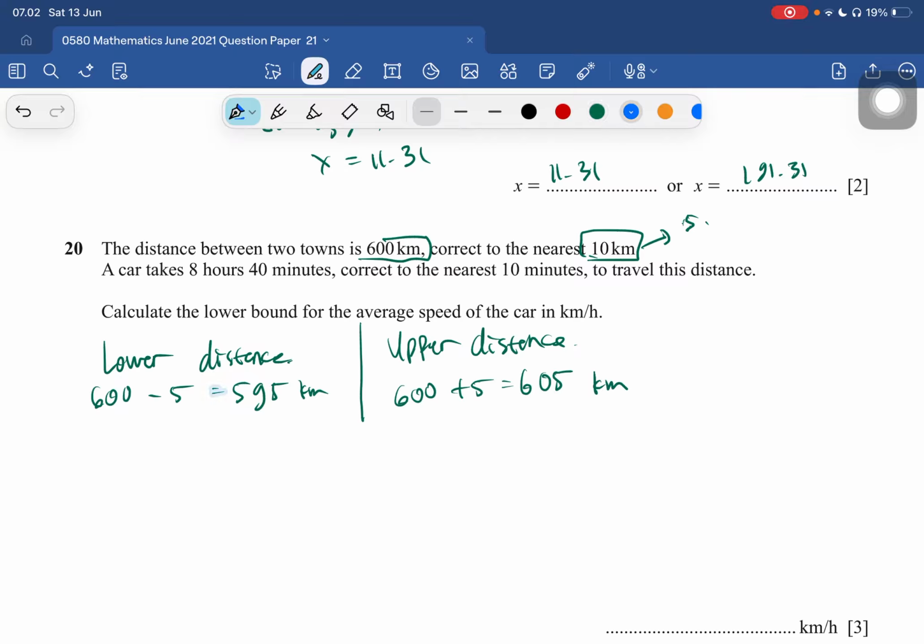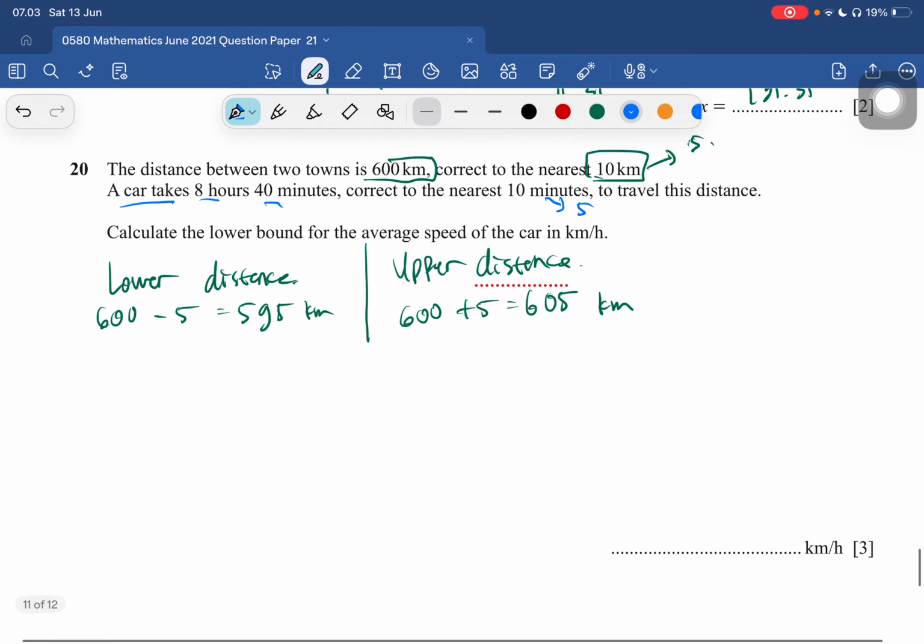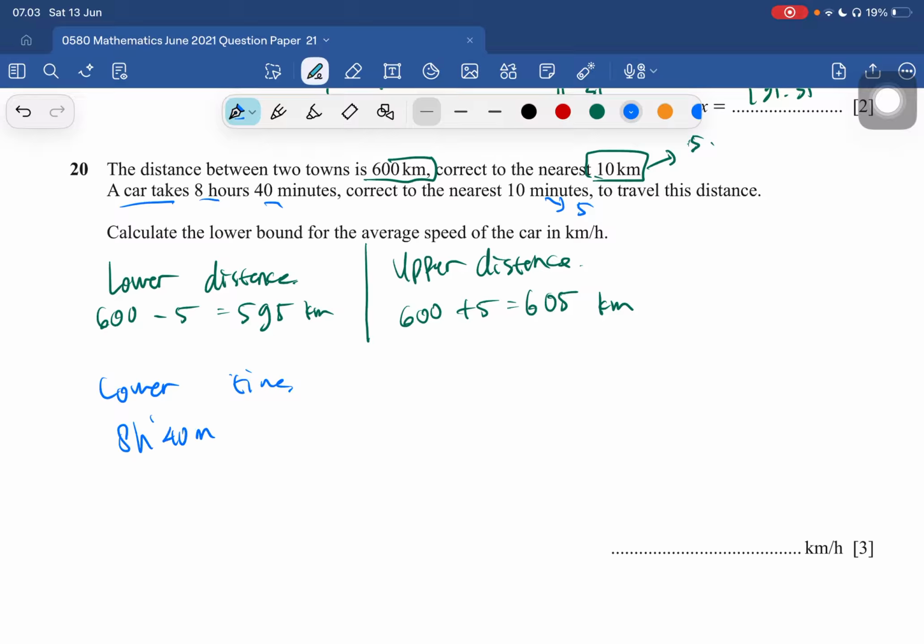Next information we got. Okay, a car takes 8 hours and 40 minutes, correct to the nearest 10 minutes. So 10 minutes, we make it a half is 5 minutes. Okay, so the lower time is 8 hours 40 minutes, we minus 5 minutes.